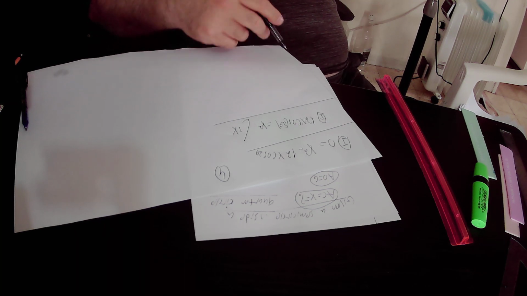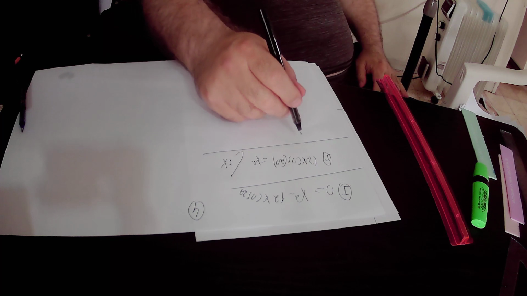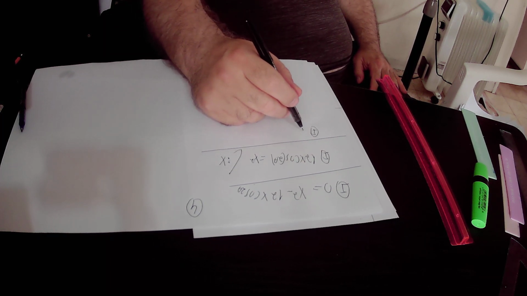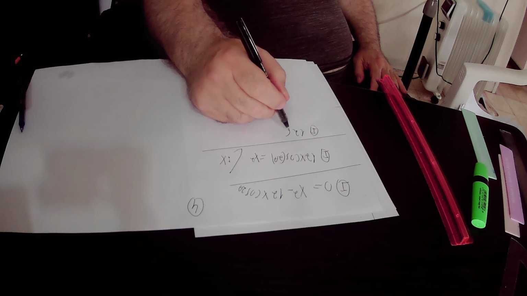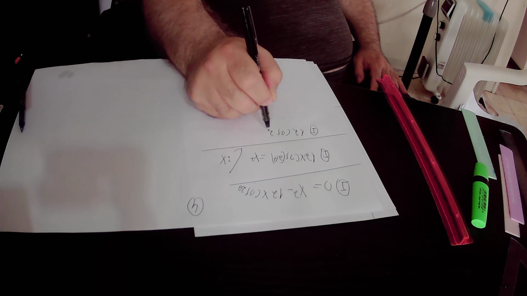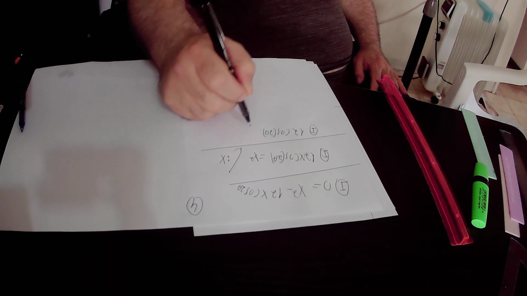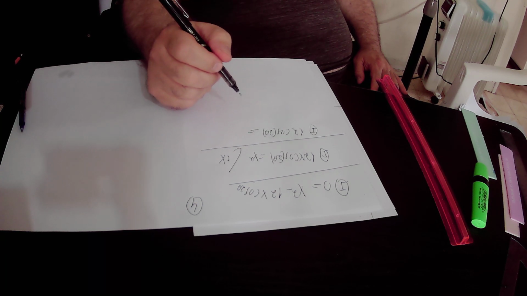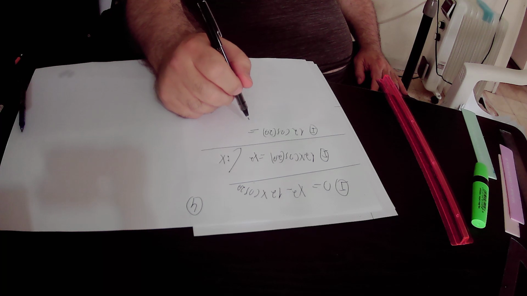So we'll divide equation number 1 by x, and on this side of the equation x will get cancelled, and we're left only with 12 times cosine 2 theta. On the other side of the equation we have x squared over x equals x.